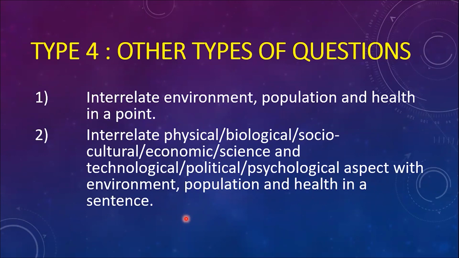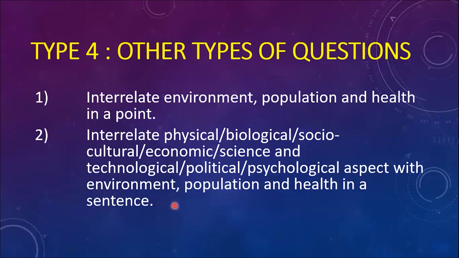Let's go to type 4, other types of questions. Now the major 3 types of questions we have discussed. Mainly 90% questions are asked from type 1, 2 and 3. Sometimes the questions can be asked in this way. Other types of questions. Interrelate environment, population and health in a point. Interrelate physical, biological, socio-cultural, economic, science and technological, political or psychological aspect with environment, population and health in a sentence.